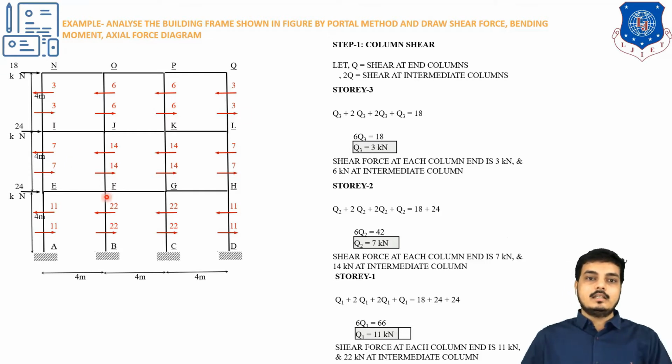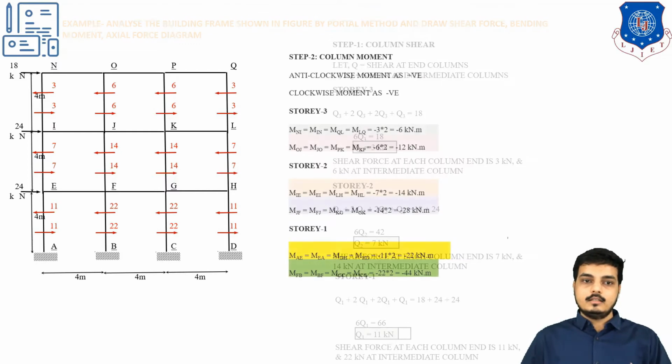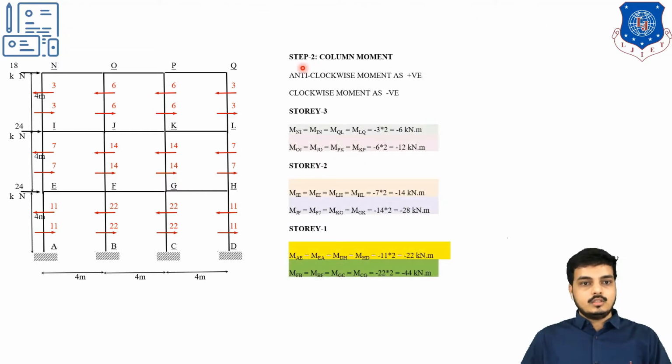Now the next step is, with the help of column shear, we will find the column moments. This is step number 2, column moment. Here I have assumed anticlockwise as positive and clockwise moment as negative. For each column we will find the moment. Here I have considered this column as Ni.